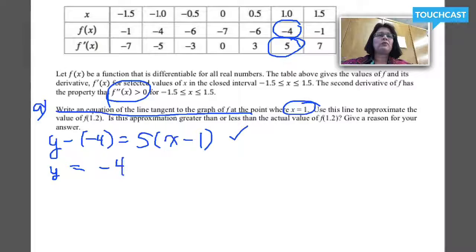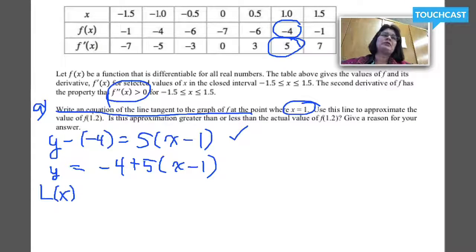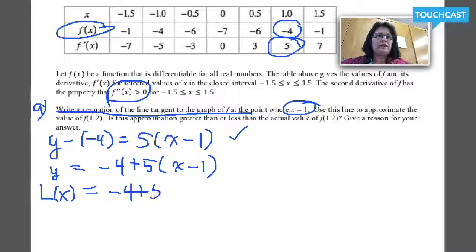So -4 plus 5 times the quantity x minus 1. Remember, now that I have y isolated, this is another name for a function that's a pretty close approximation to my original function, which in this case was called f. If you'd like to call it L of x for linearization, that's fine, but not required. -4 plus 5 times x minus 1.